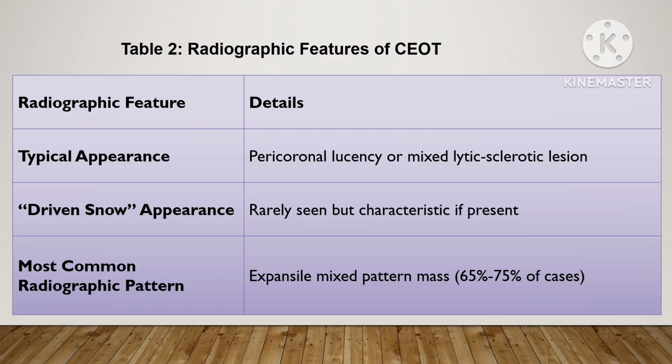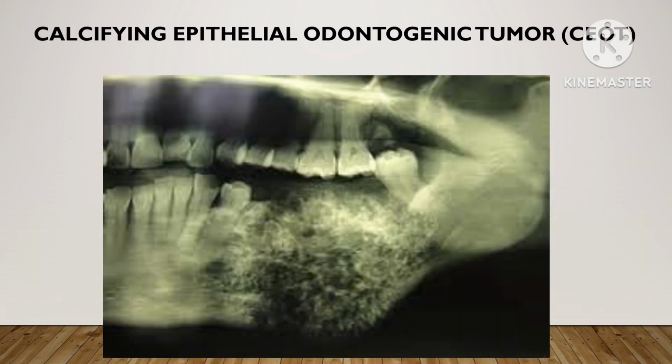If we go for the radiographic features of this lesion, typically it can present with a pericoronal radiolucency or mixed lytic sclerotic lesion. A characteristic feature of this lesion is a driven snow appearance in some of the lesions, but it is rarely seen in practice. Expansile mixed pattern masses are the most common in CEOT.